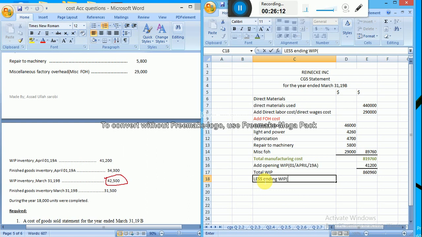Ending work in process means 31st March 19B. How much? Minus 42,500.